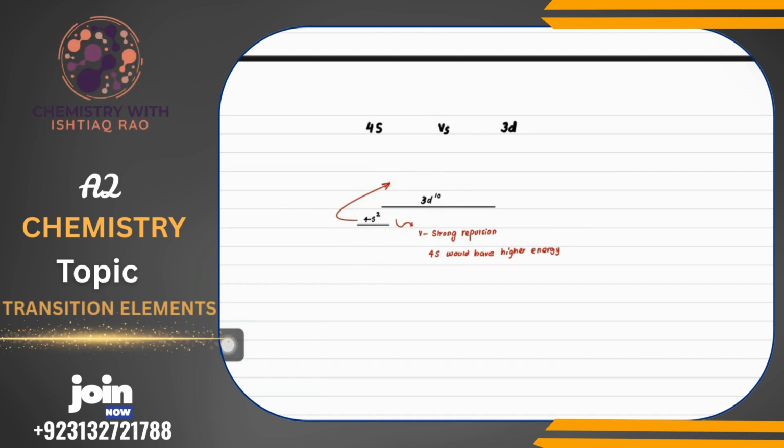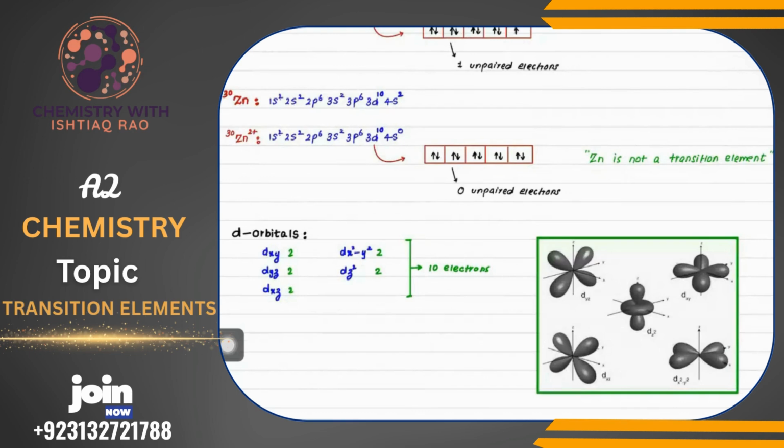So it cannot go downward because those orbitals have electrons, and there would be more repulsion. As a result, it moves upward, so automatically it has a higher energy. That's why we can say 4s has higher energy than the 3d orbital.